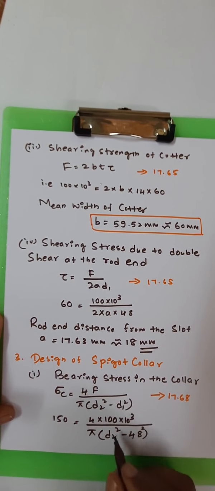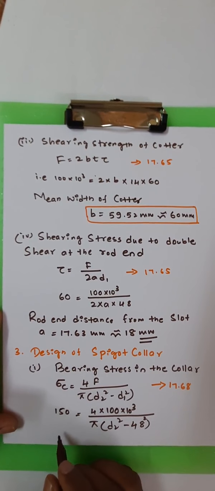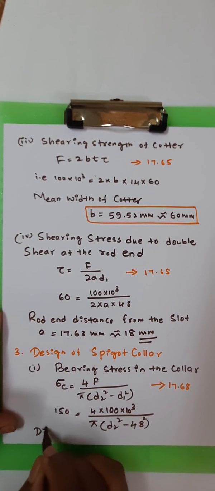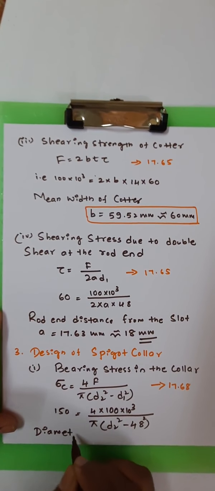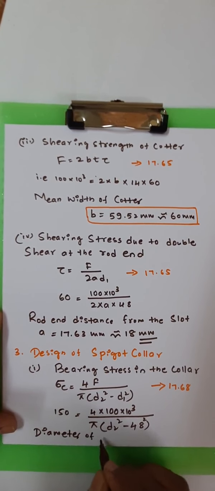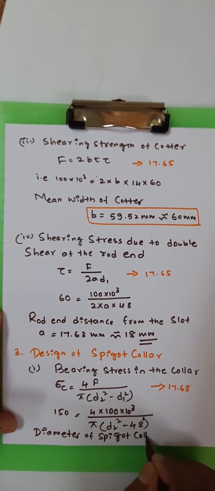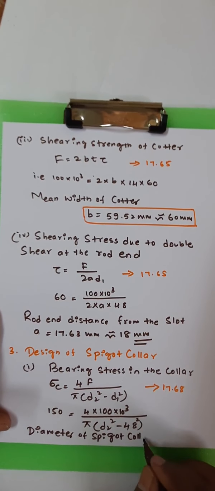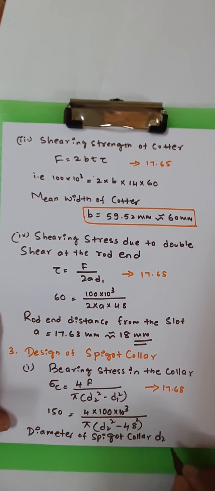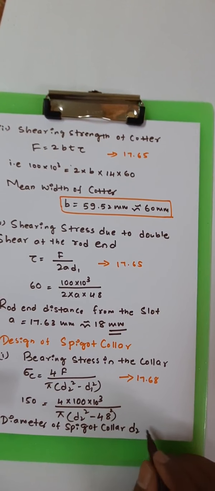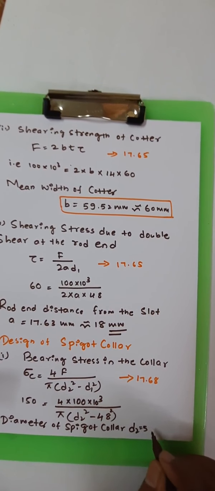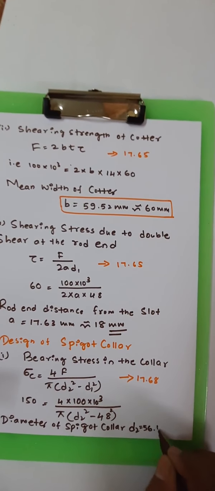If we simplify this, the diameter of the spigot collar d2 is equal to 56.15.